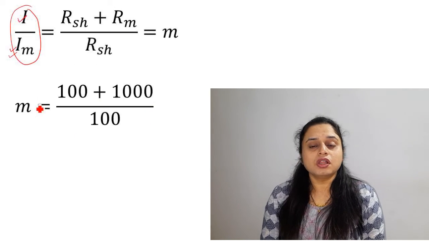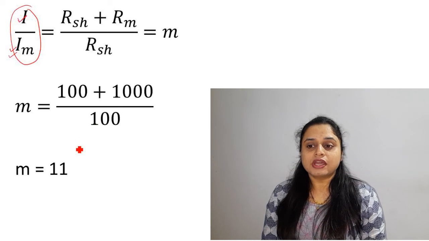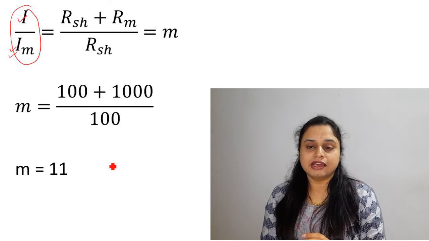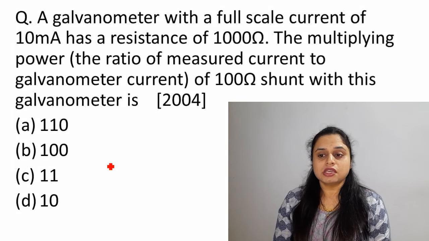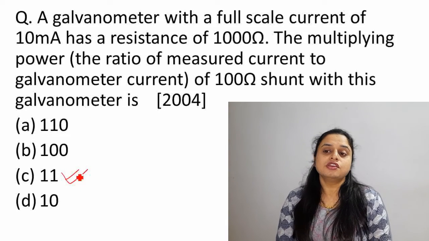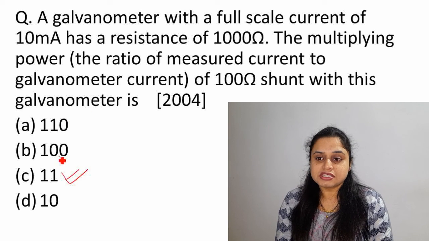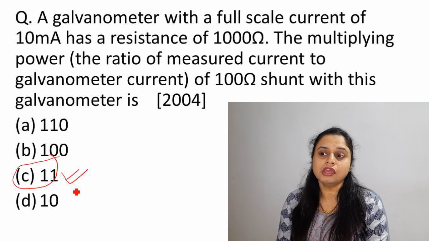When we substitute all the values, the multiplying factor is found as m is equal to 11. This is the value of the multiplying factor. From the options, you can see which option is correct. Option C is the correct option, that is 11. The multiplying factor comes out to be 11.